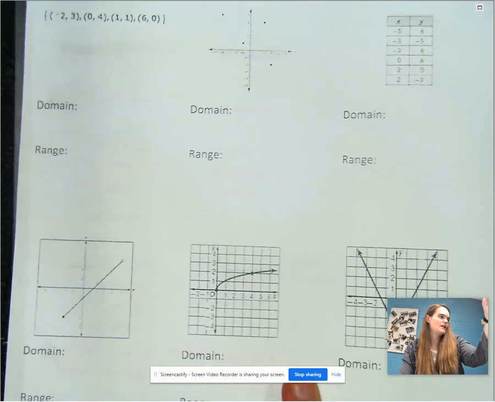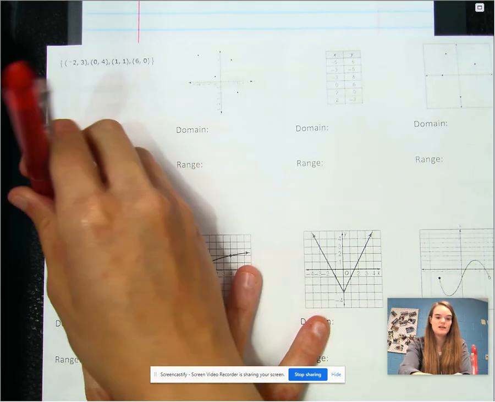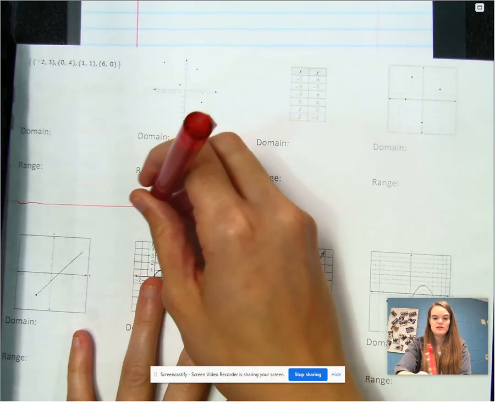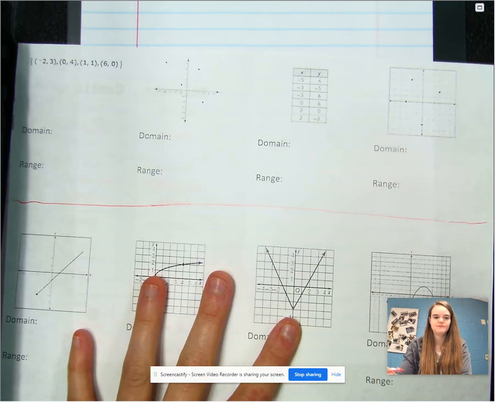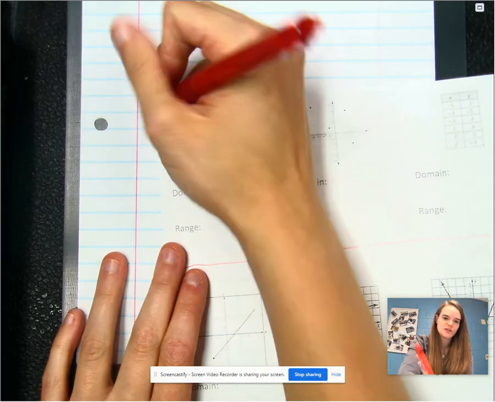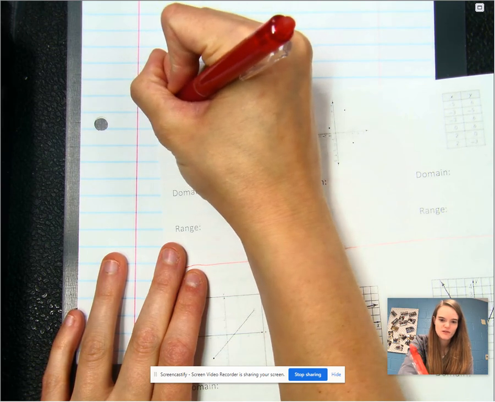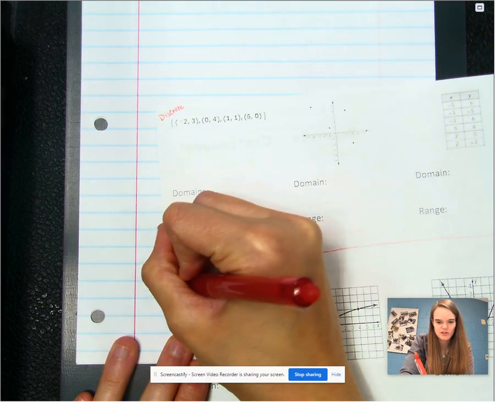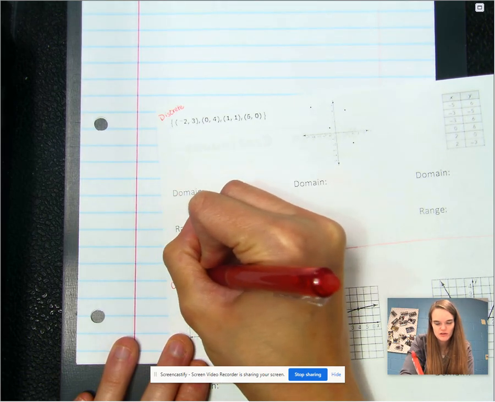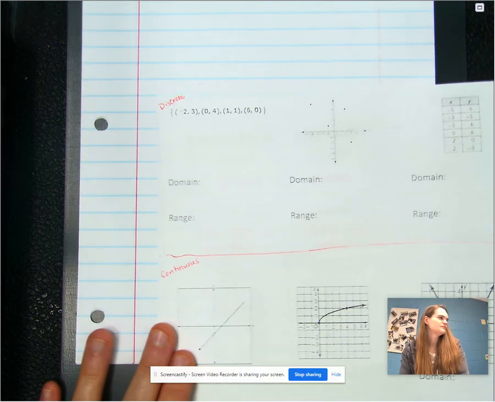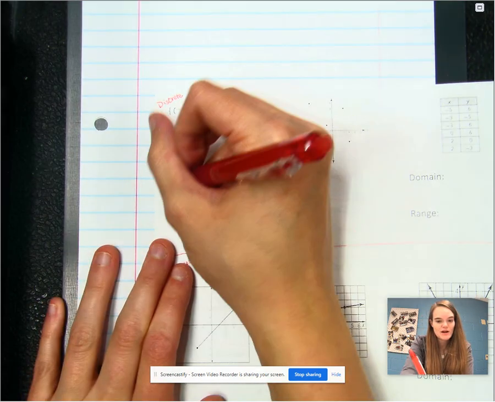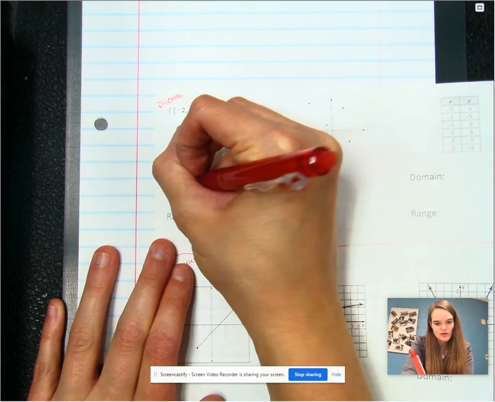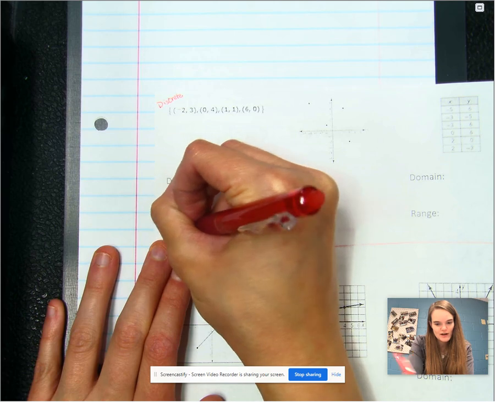I want you to go ahead, take this, and draw a line. The top portion is discrete because they're specific values. The bottom is continuous. I also want you to write down that the domain is x values, the range is y values.